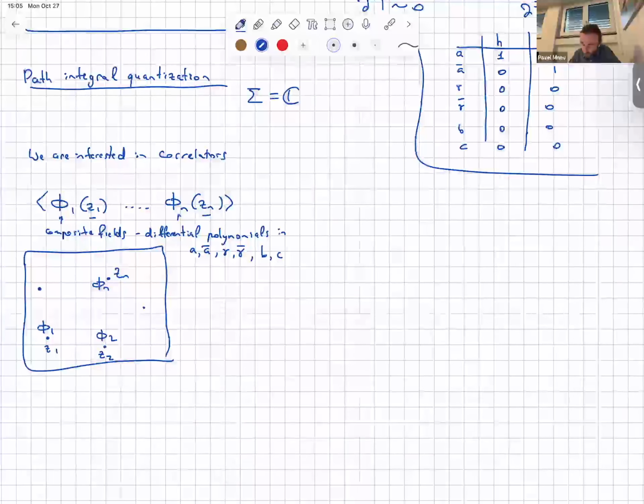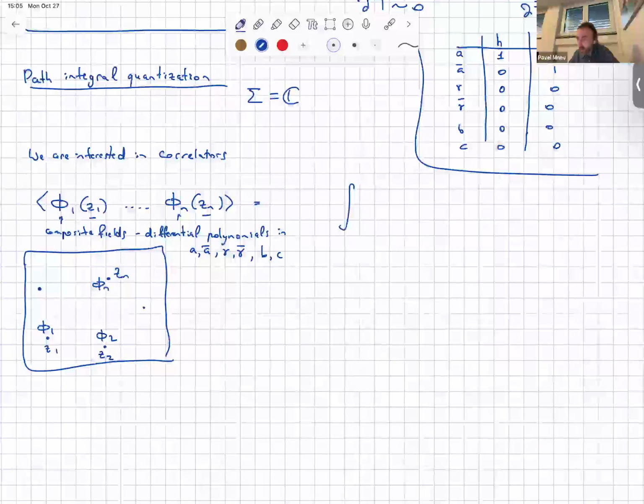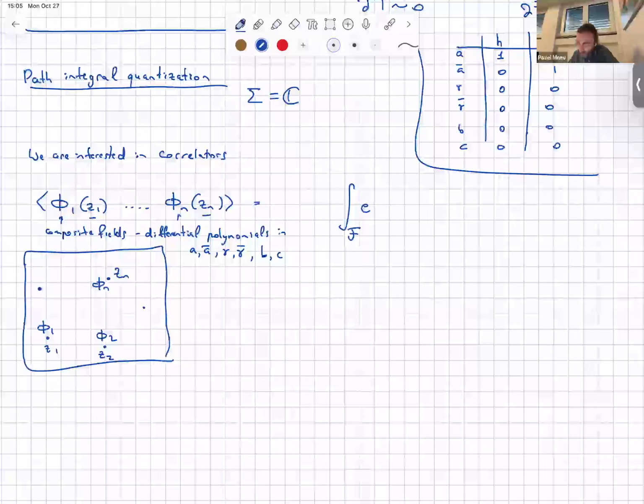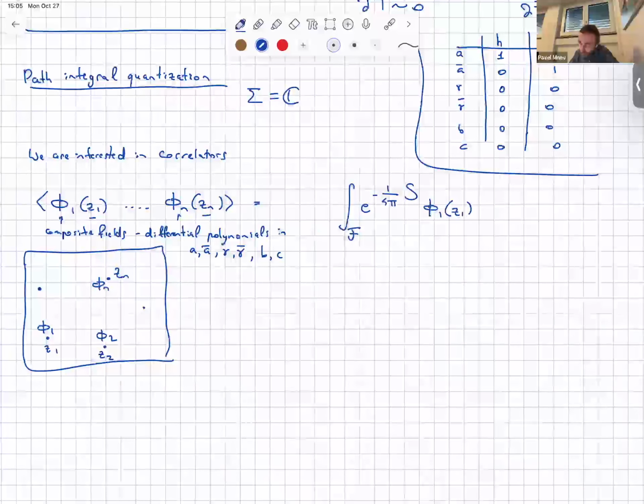So I want to calculate such correlators, and I want to understand them as the integral over my space of fields of the exponential of, with some convenient normalization, minus 1/4 pi times the action, and then the product of my fields.